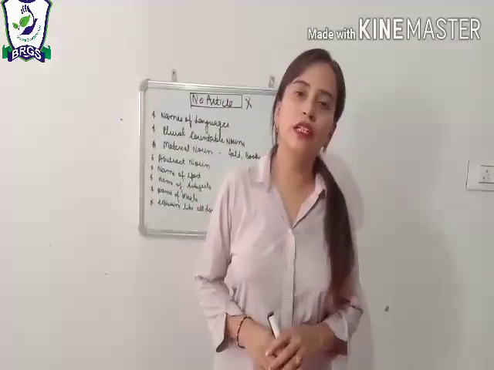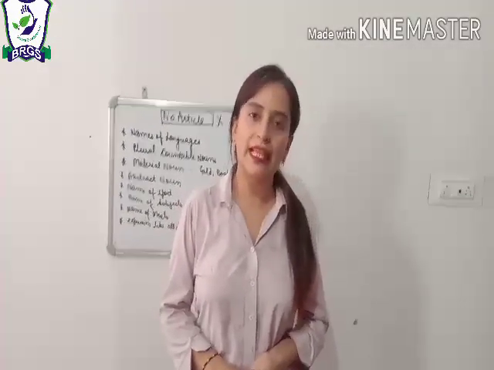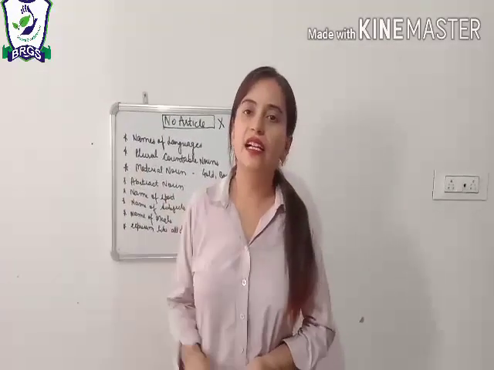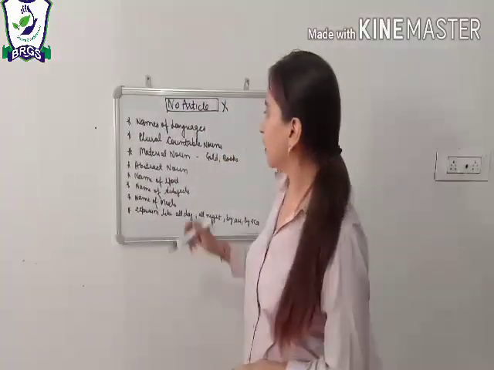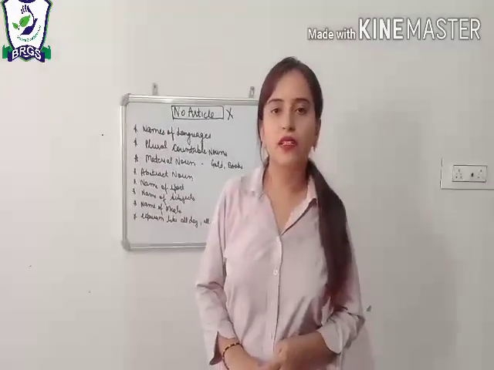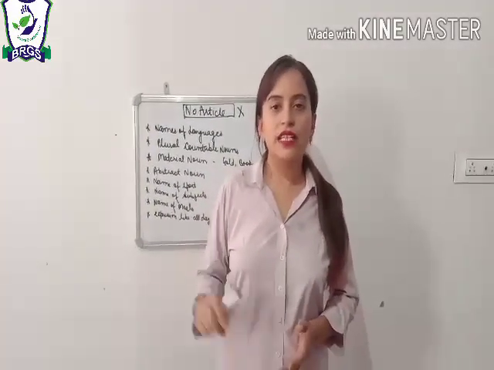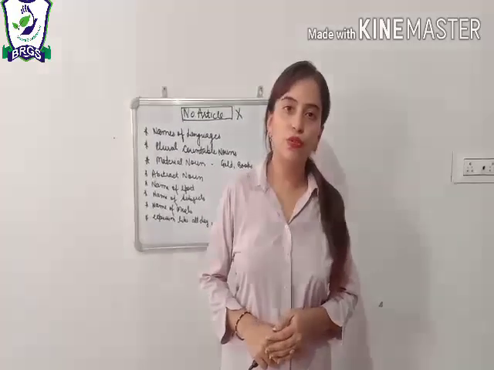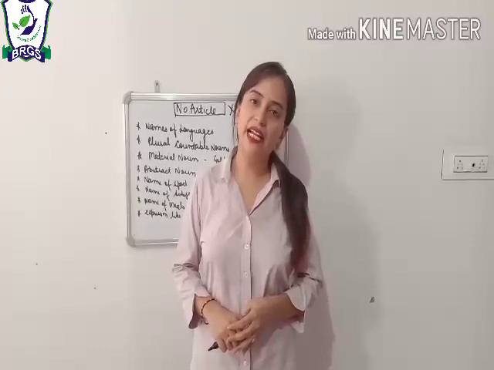Now we are going to learn that there are various places where we don't use any article. Let us learn where the articles are not used at all. Names of languages. For example, Hindi, English, with these kinds of languages we don't use any article. For example, we speak Hindi at home.